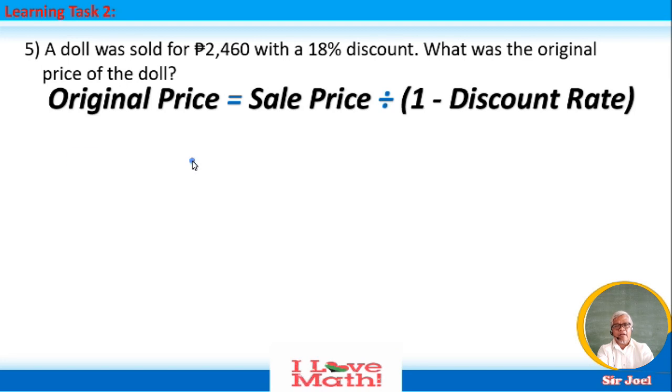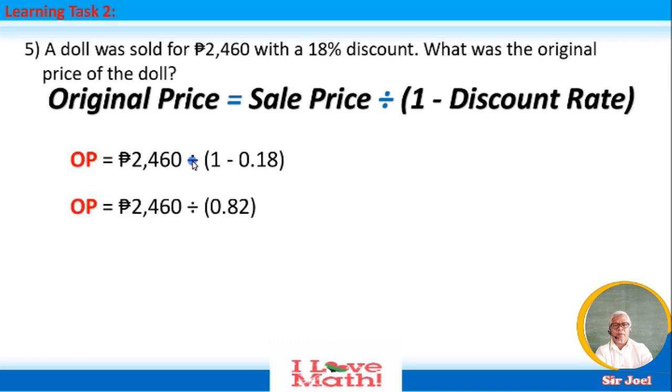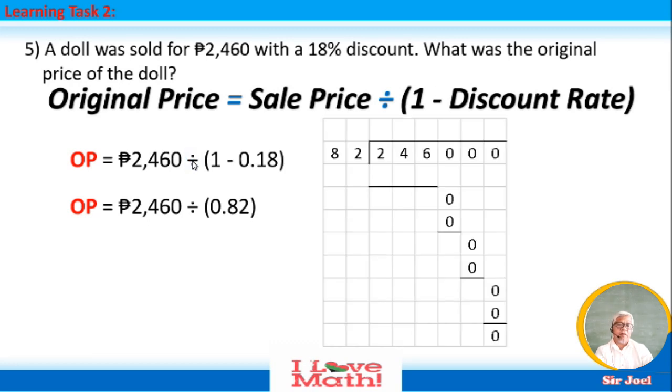Okay? Ano ngayon ang ating OP? 2,460 divided by 1 minus 0.18. Saan galing ang 0.18? Doon sa 18%. Now, 1 minus 0.18 ay 0.82. Kaya naman ang OP is 2,460 divided by 0.82. Meron na kayo ngayong 246,000 divided by 82.